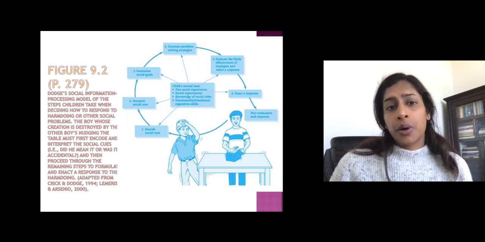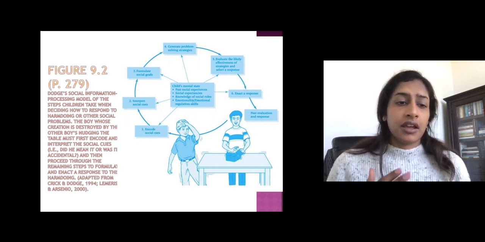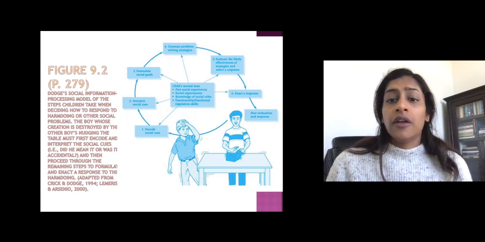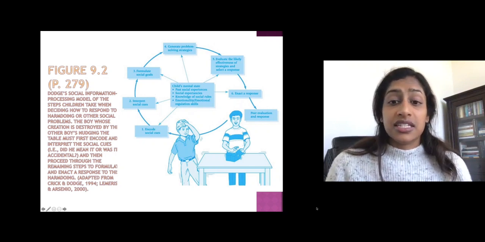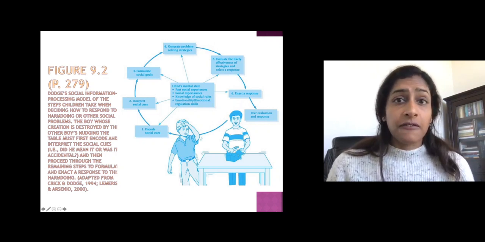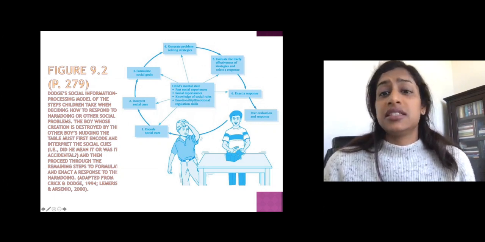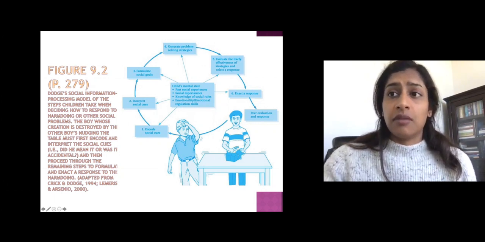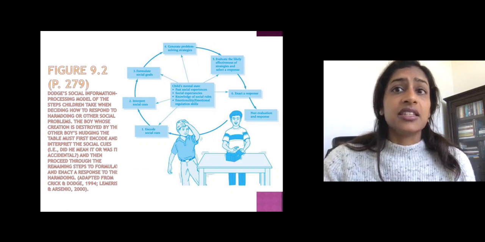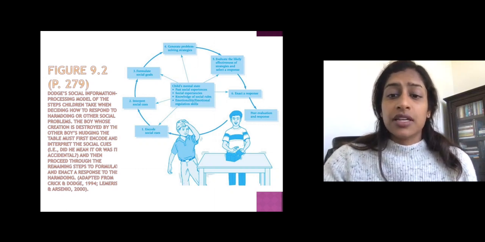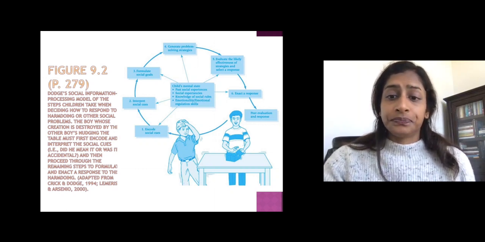He proposes this information processing model that we use to decide if what we have seen is aggressive. Did the person intend for the behavior itself to be aggressive?